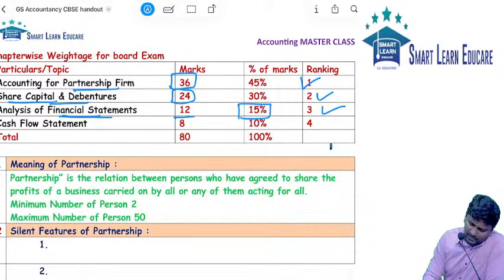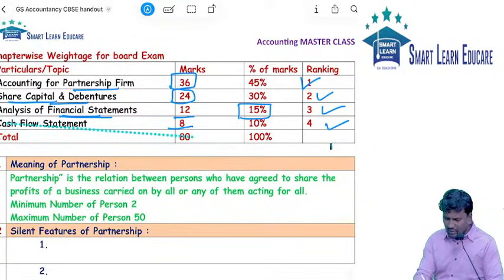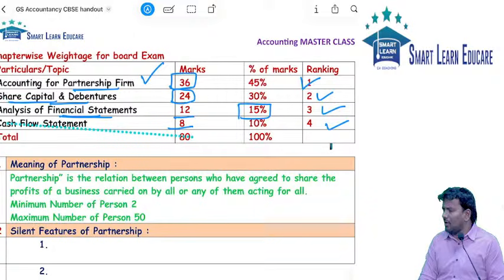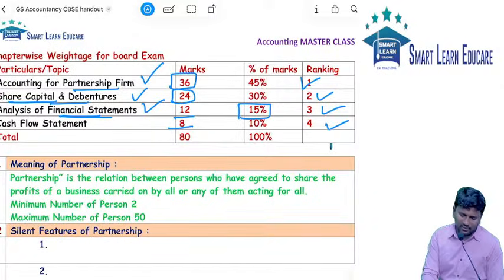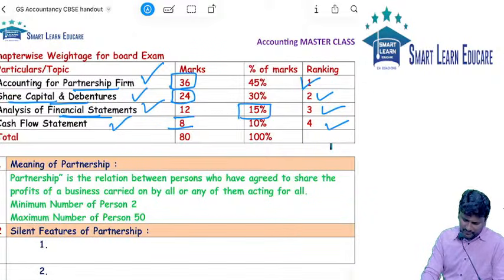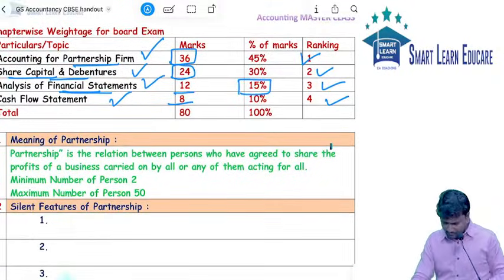Cash flow statement is 8 marks, 10%, fourth ranking. So first priority you should give to partnership, second share capital and debentures, third analysis of financial statements, and fourth cash flow statement. So today we will be starting with partnership.